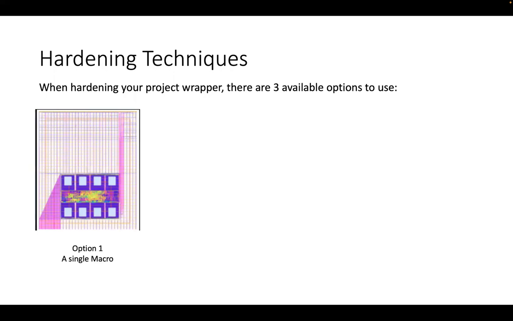The first option is to harden your design first, and then insert the hardened design into the project wrapper as a black box, and then harden the wrapper. So we are going to harden our design, take the hardened macro, place it into the project wrapper, and harden the project wrapper as a whole. So this is the first option.